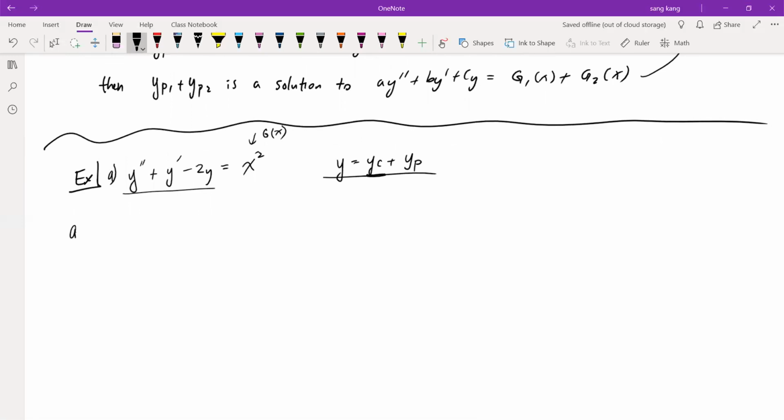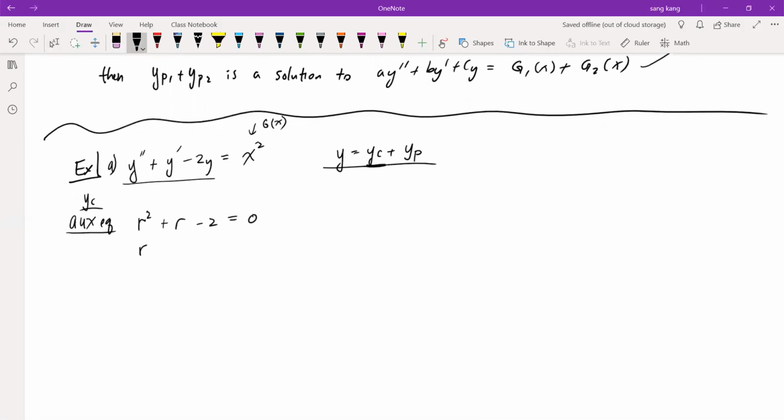So in order to find our complementary solution, we need to find our auxiliary equation. We did that last discussion, and that's essentially matching the double primes with r squared, the prime terms with r, and all the y terms are just constants, and then the right-hand side is going to equal 0. So we're going to find our homogeneous solution first.